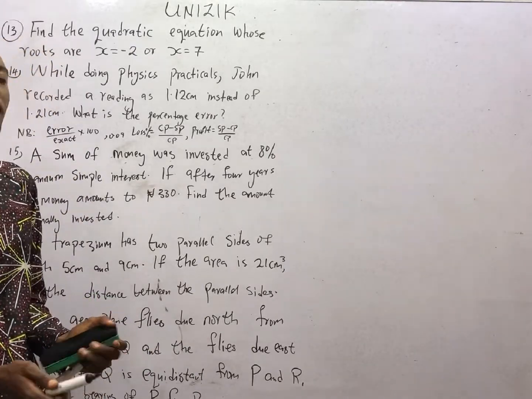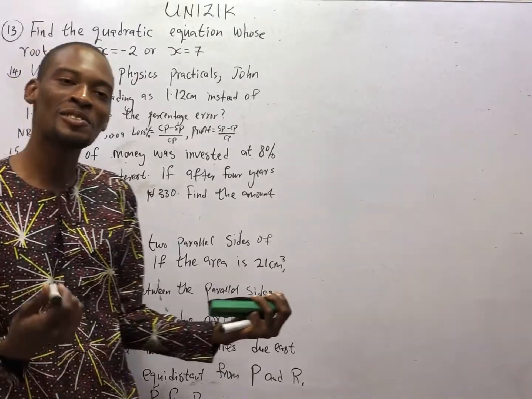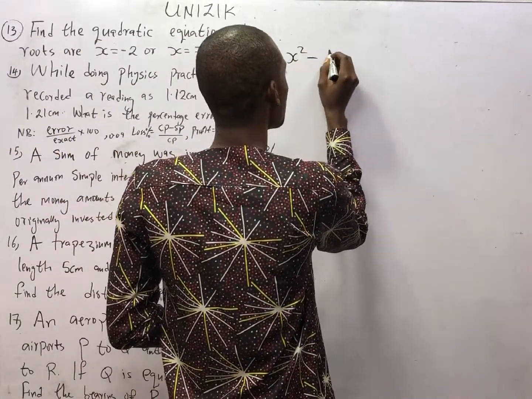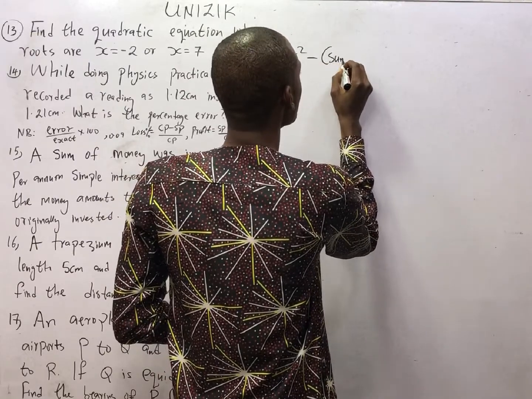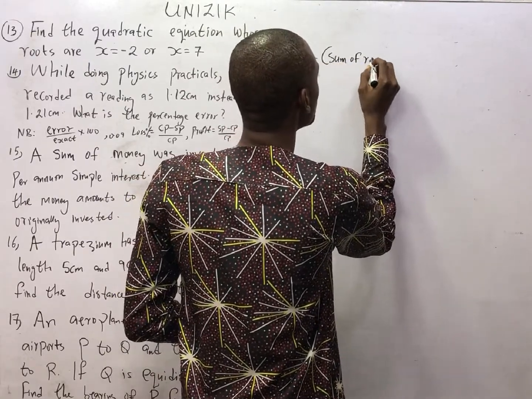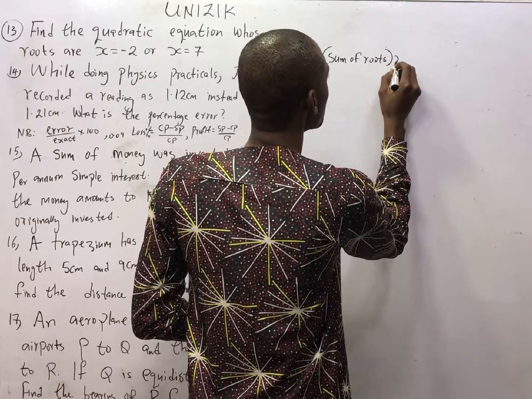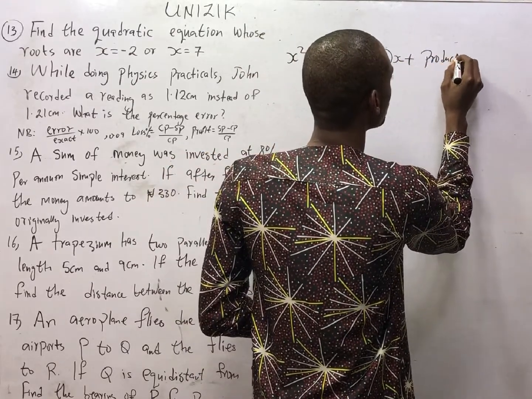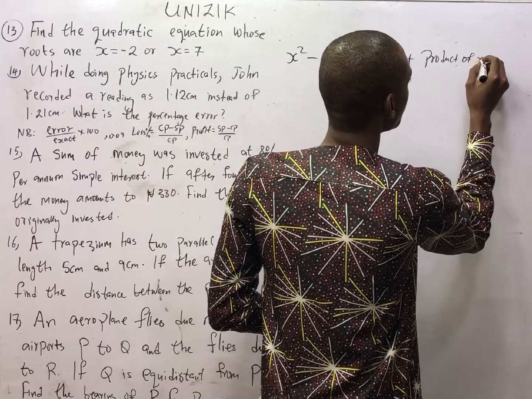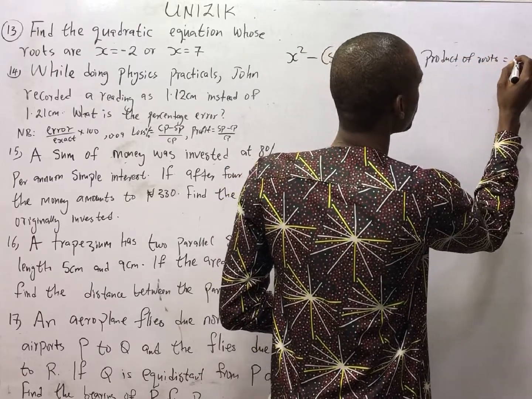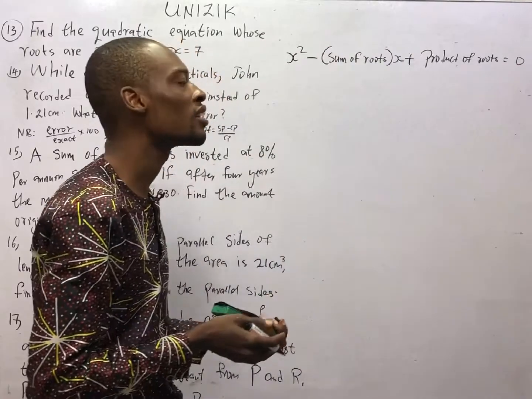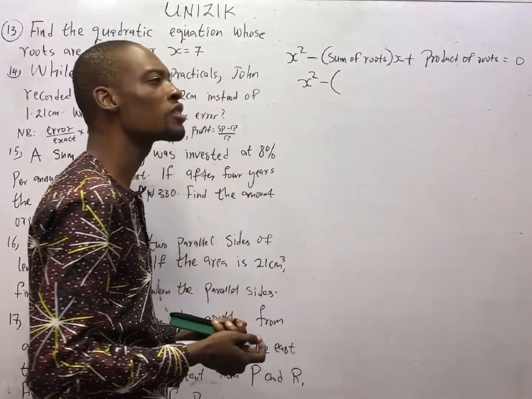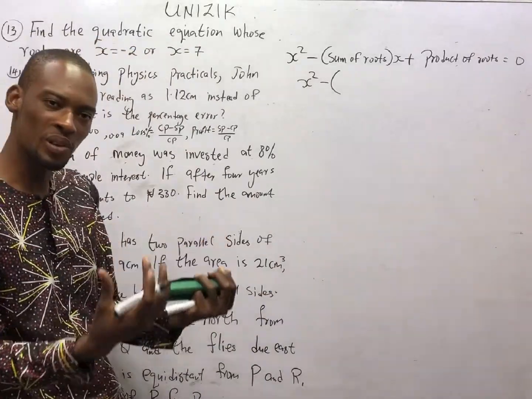When you are given roots of a quadratic equation and asked to find the quadratic equation, you simply say s squared minus sum of roots s plus product of roots is equal to 0. This is the formula. Sum of roots simply means addition of the roots.